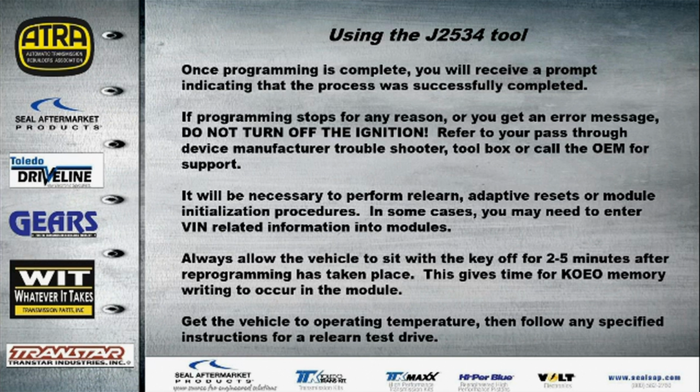You might even want to call your pass-through device manufacturer's hotline at this point. They're a lot easier to get a hold of instead of the OEM. After that, you do want to go to the OEM website first, because a lot of times they do offer extensive diagnostics on the website level, as we reviewed in part 1 of this webinar. And if all else fails, give them a call.